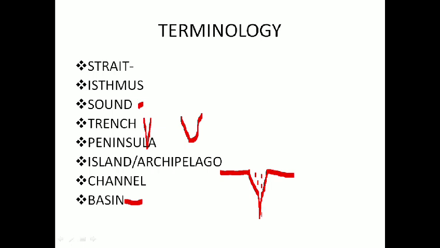In what shape? They can be circular, they may be elliptical. So a basin, a very large sediment-filled depression, is usually circular or sometimes elliptical. That is a basin. Okay, so now I have solved your initial queries. Clear? Right, now let us move.